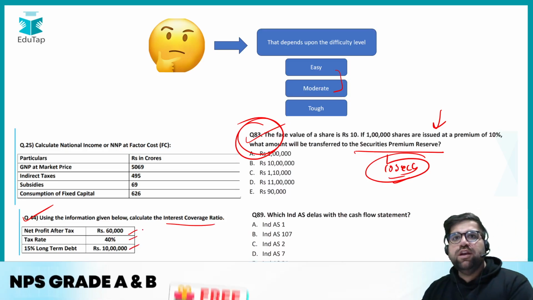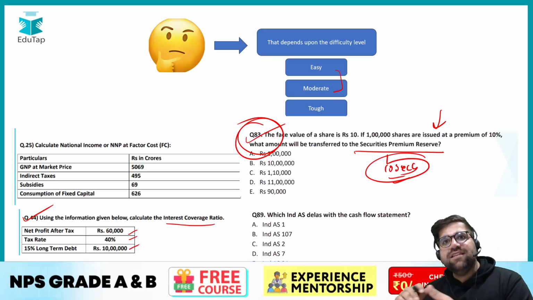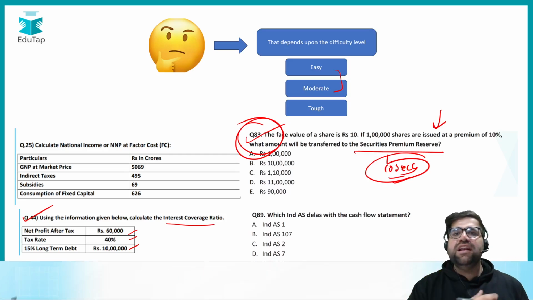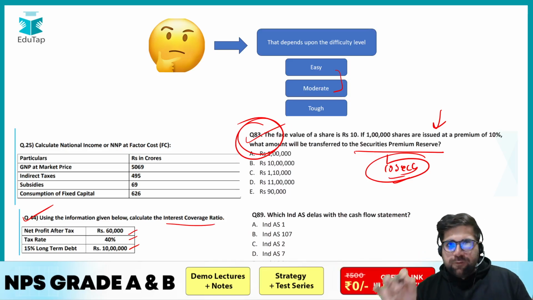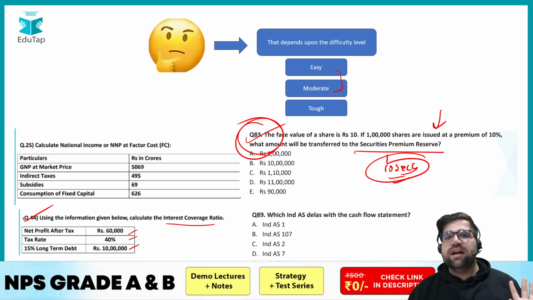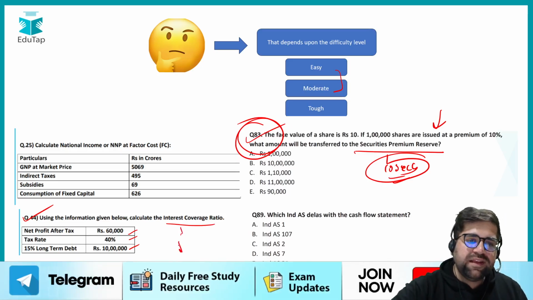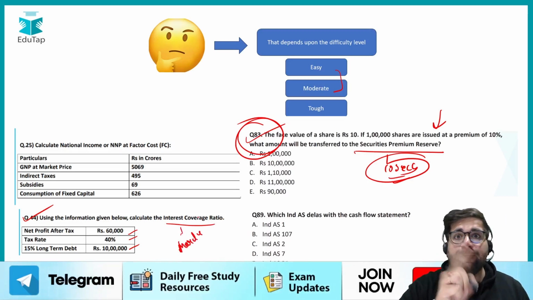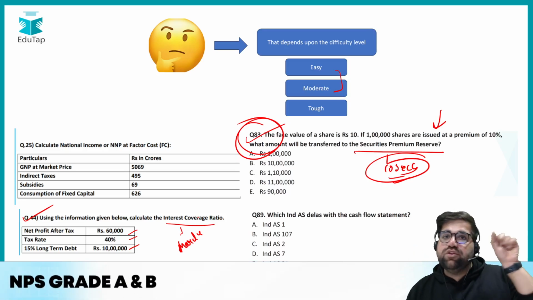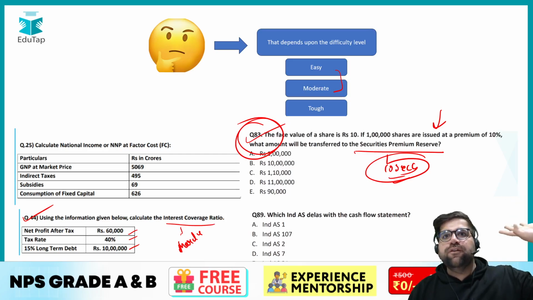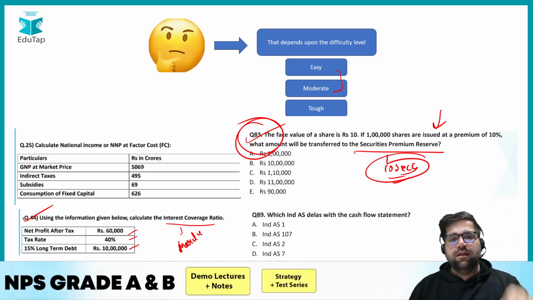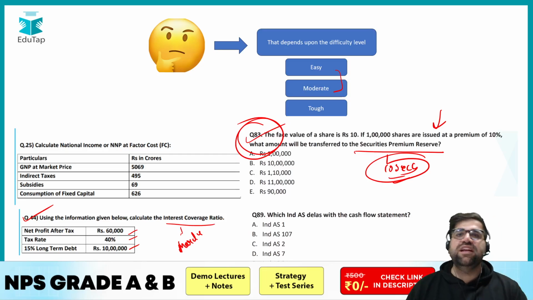So first calculate earnings before interest and taxes, and then divide it by the total interest obligations which you are about to pay. So if you know the formula, then definitely you can get the answer. But this, according to me, is a moderate kind of question. Why moderate? Because it is based on one specific formula. If you don't know the formula, then it will go above your head. But if you know the formula, only calculation is there which you can easily do.